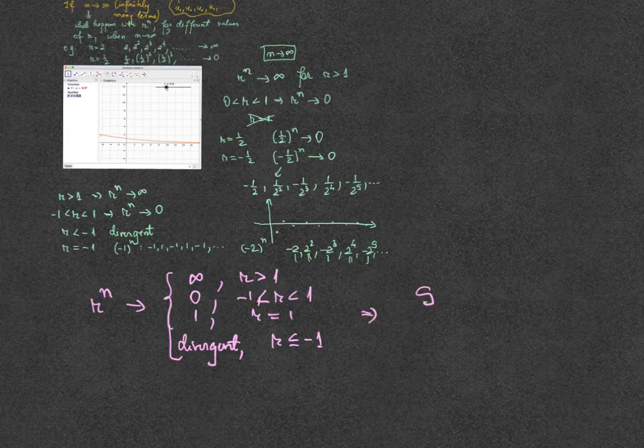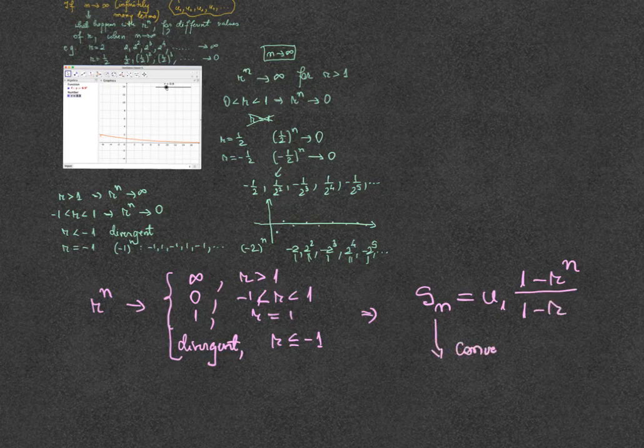Therefore, look at Sn, the sum of the terms of a geometric series, u1 times 1 minus r to the power of n over 1 minus r. This one converges only for r between minus 1 and 1.